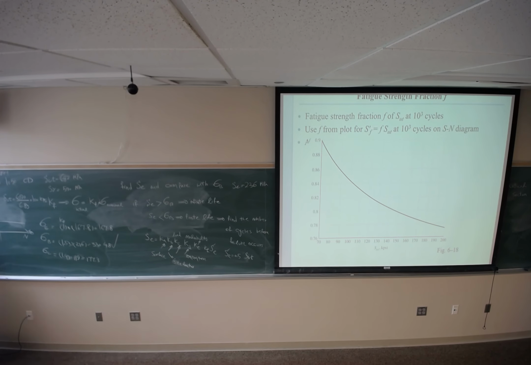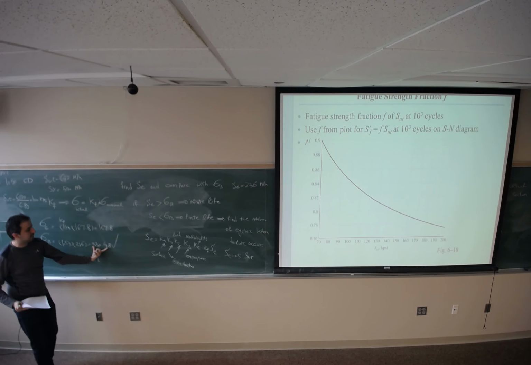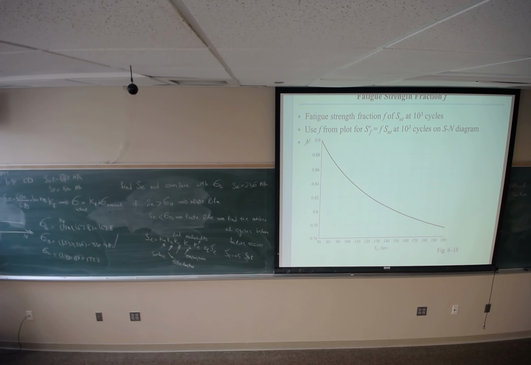So the stress that I have is 330. SE is 236. This one is 582, and the stress that I have is somewhere between these two. So I'm gonna use this line.